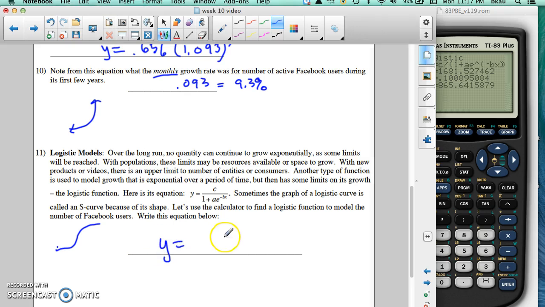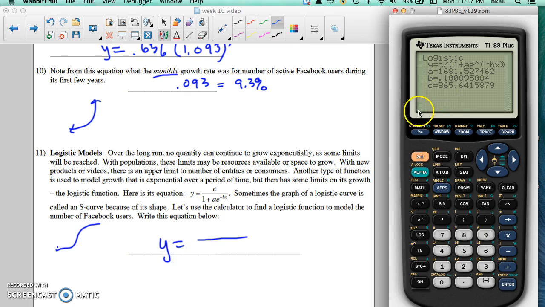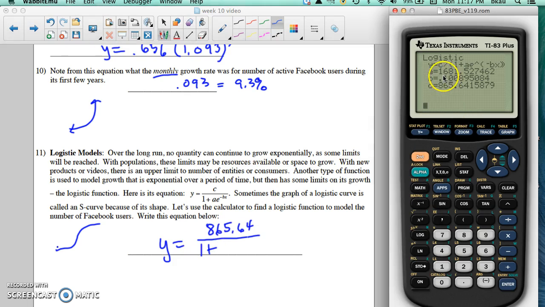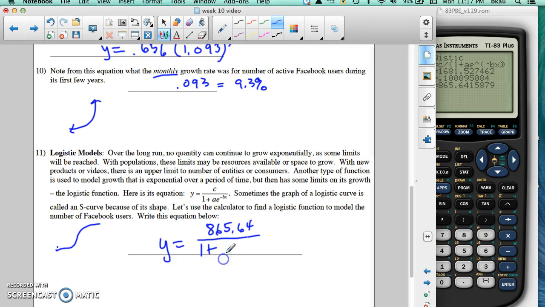Y equals, C goes on top, so it's 865.64 over 1 plus A, which is 1681.53, e to the negative B, and here they have 0.101.